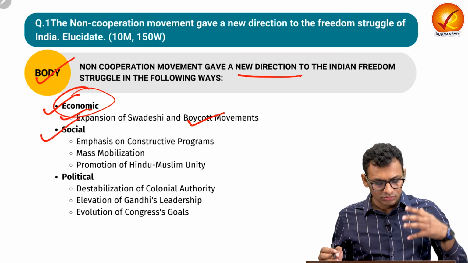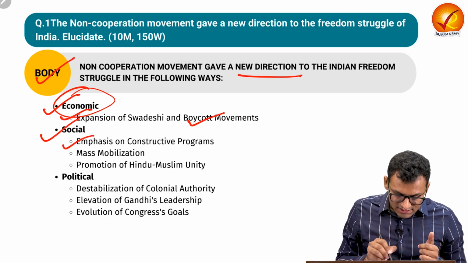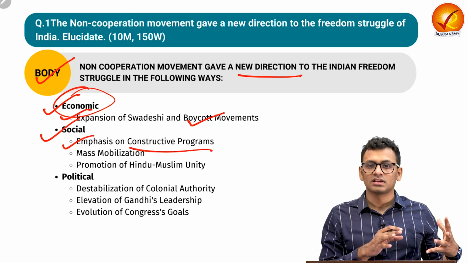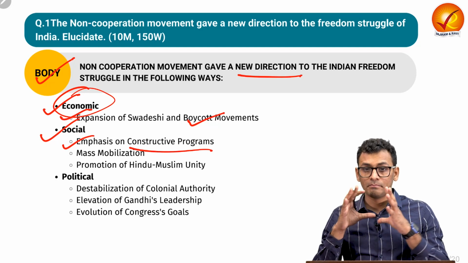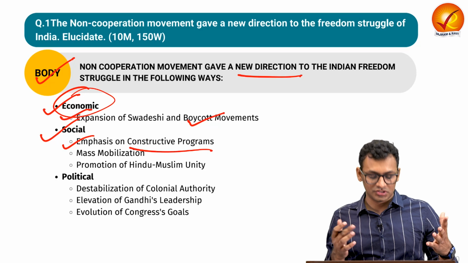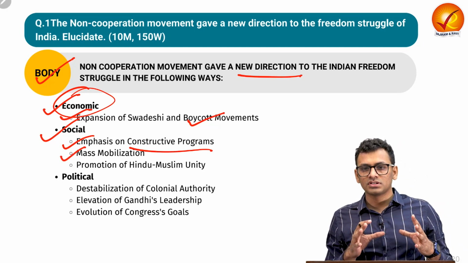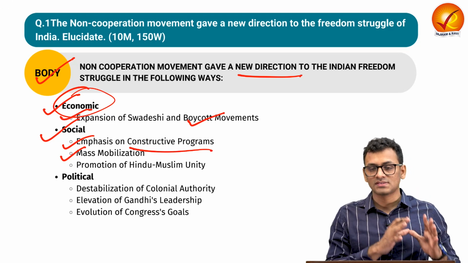Second is with respect to the social parameter, where we can talk about how it led to emphasis on constructive program. Such constructive program helped with respect to the empowerment of the underprivileged, as well as it also increased the social cohesion. The second, which is the most important aspect of the non-cooperation movement, was the fact that it was a mass movement.